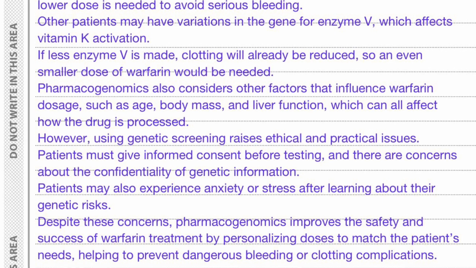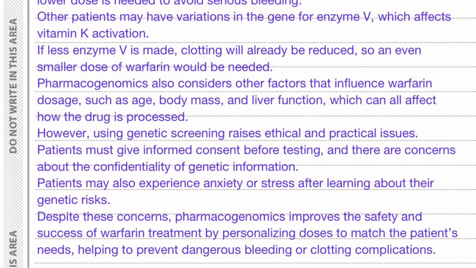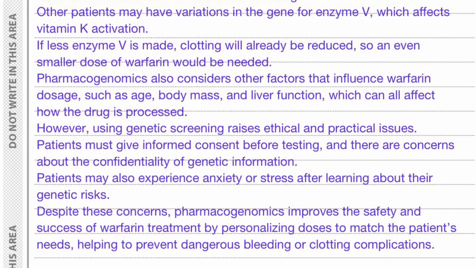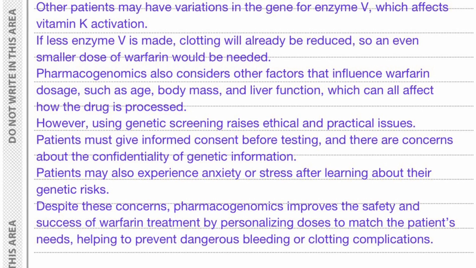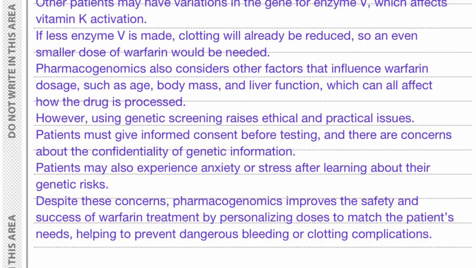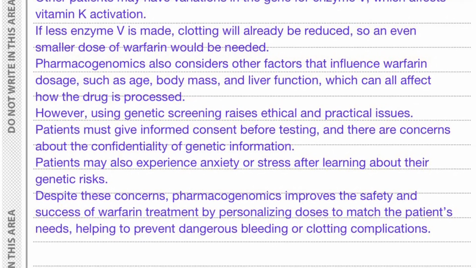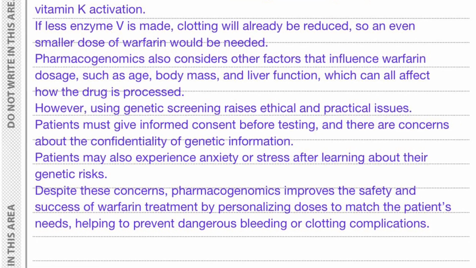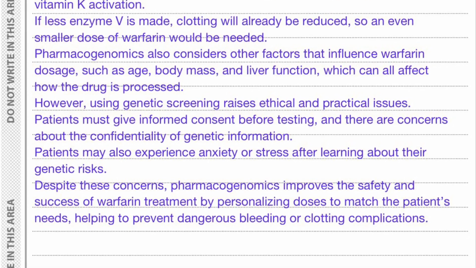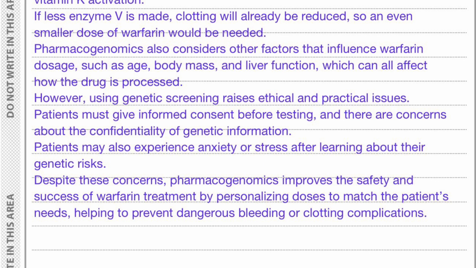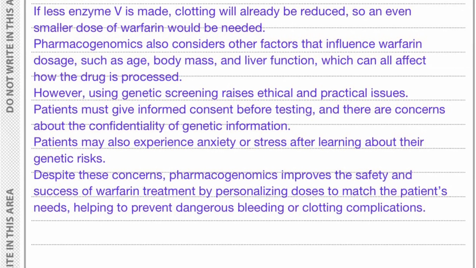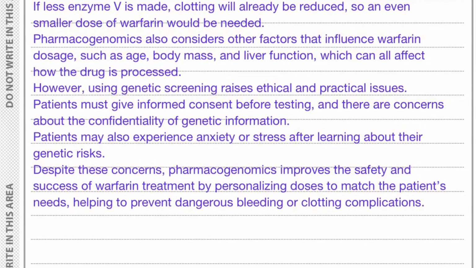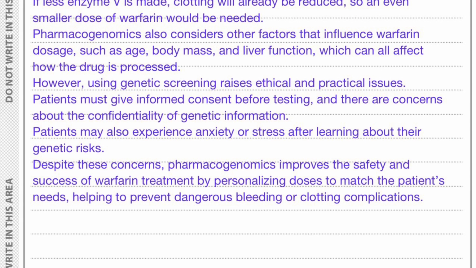Other patients may have variations in the gene for enzyme V, which affects vitamin K activation. If less enzyme V is made, clotting will already be reduced, so an even smaller dose of warfarin would be needed. Pharmacogenomics also considers other factors that influence warfarin dosage, such as age, body mass, and liver function, which can all affect how the drug is processed.